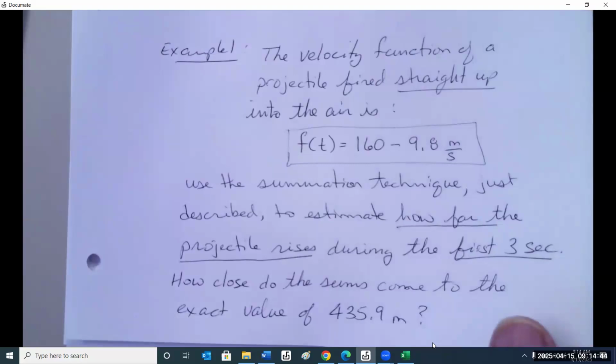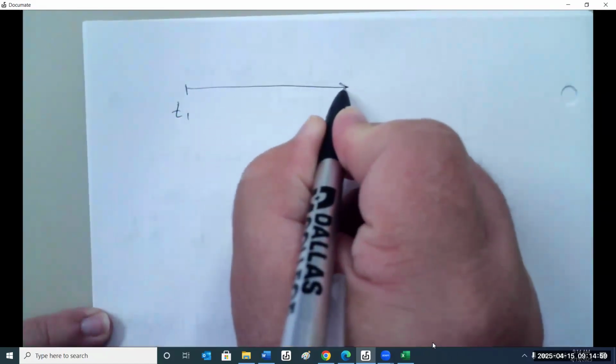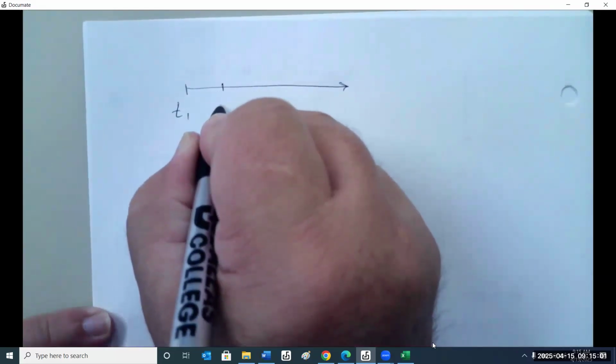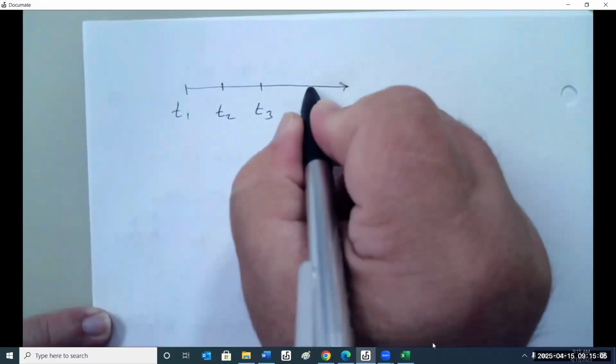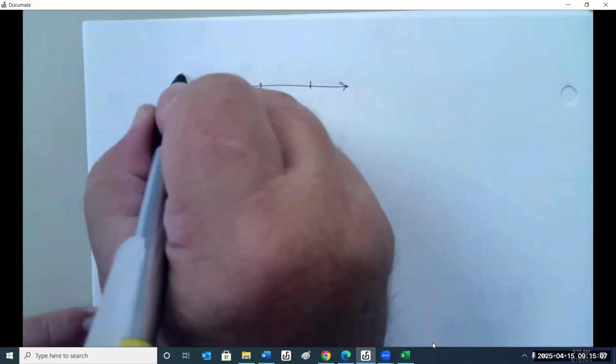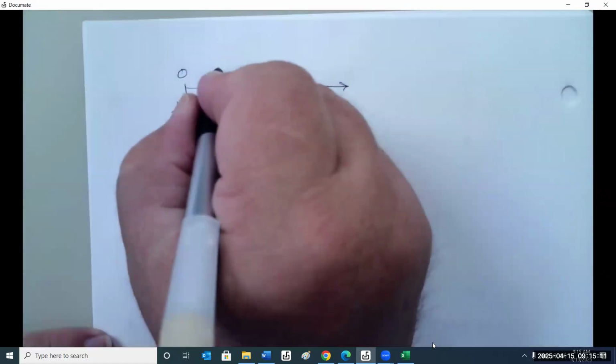Let's draw a picture here real quick. So at time 1, time 2, at time 3. The first time is at 0. It begins.